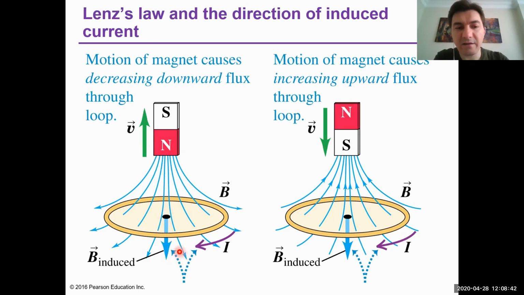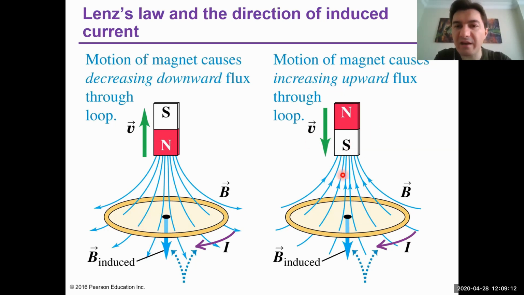Okay, then the induced magnetic field will be in that direction to compensate for that decrease in the magnetic flux. So with the direction of the magnetic field, I can get the direction of the current or the direction of the EMF in the system. So again, the same mechanism.